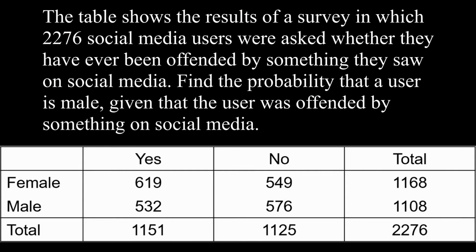For another example, we have that the table here shows the results of a survey in which 2,276 social media users were asked whether they have ever been offended by something they saw on social media. What we want to do is find the probability that the user is male given that they were offended by something on social media.